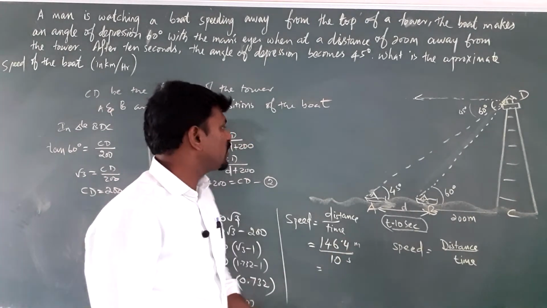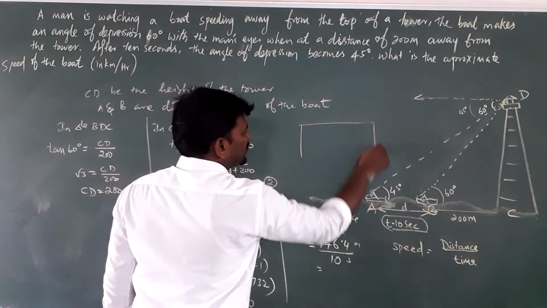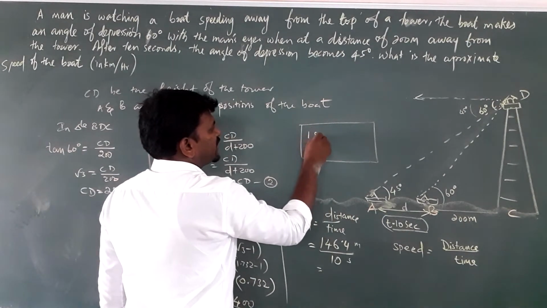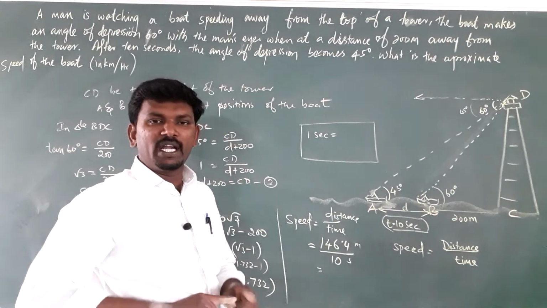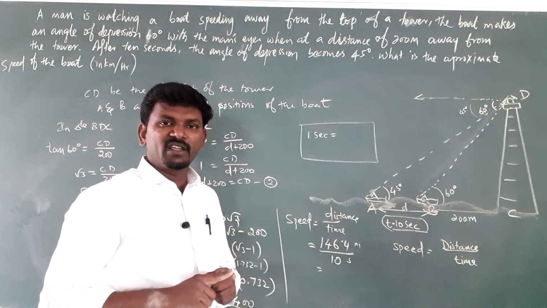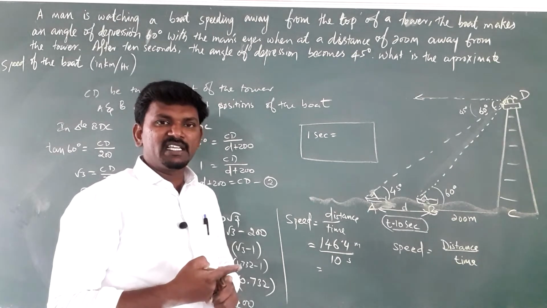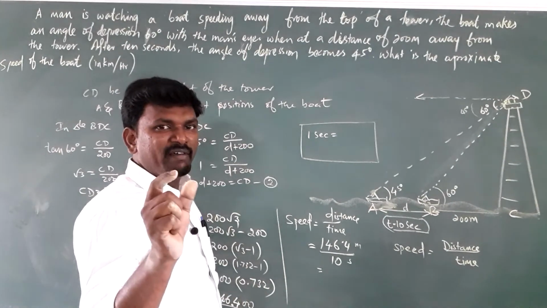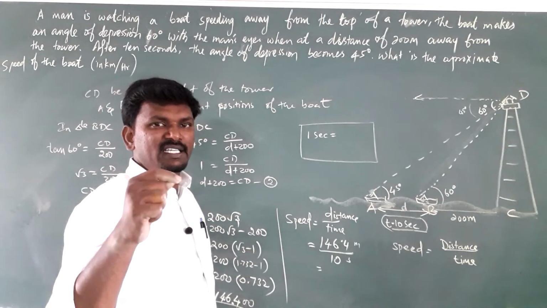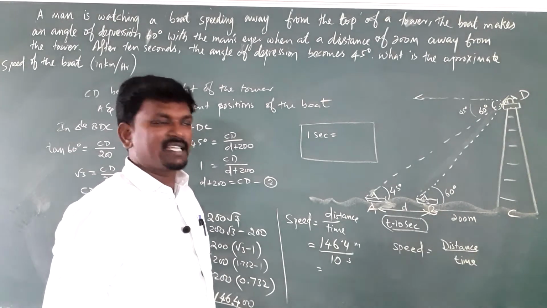So you know clearly, 1 second is equal to how many hours? 1 hour is equal to 60 minutes. 1 minute is equal to 60 seconds. So 1 hour is equal to 60 into 60, 3600 seconds.